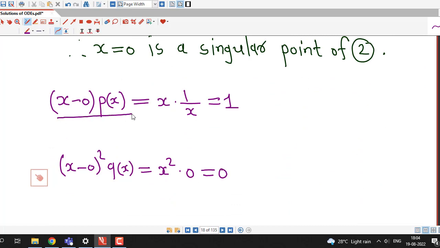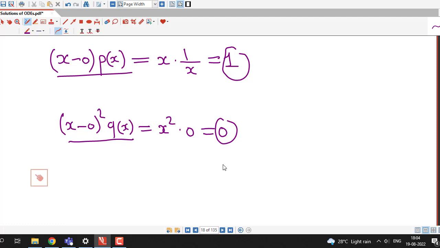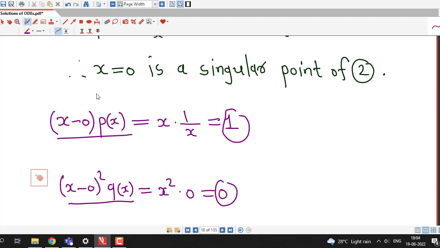So these two functions, x minus 0 times p(x) and x minus 0 squared times q(x), are constant polynomials and they are analytic everywhere, and therefore they are analytic at x equal to 0.